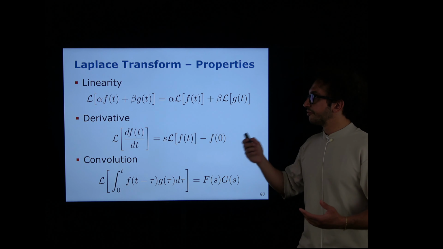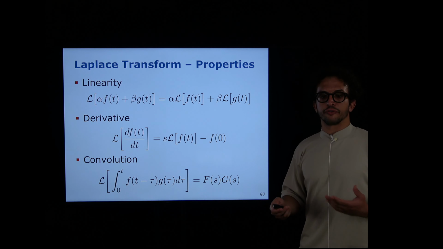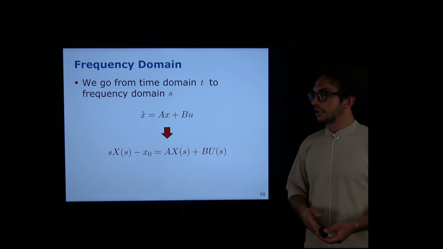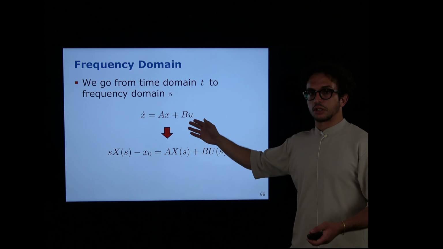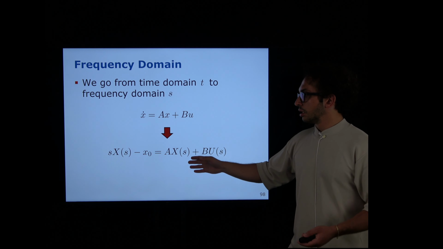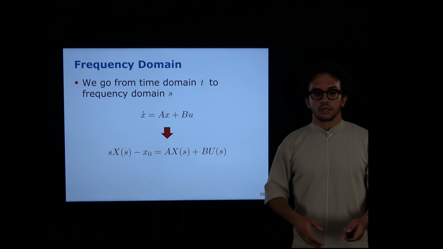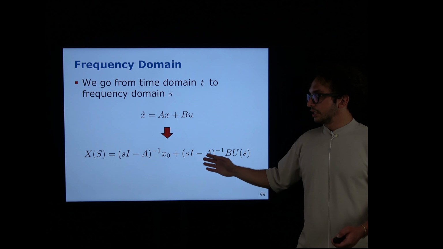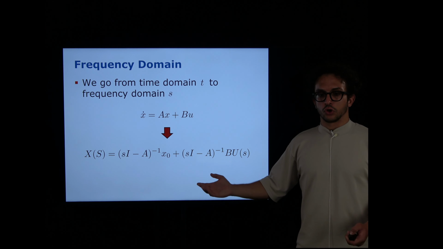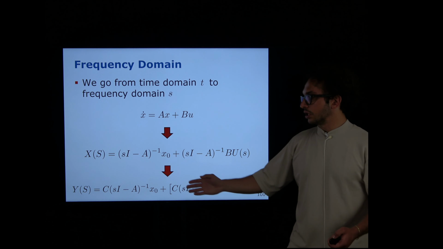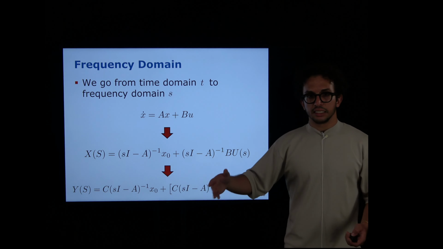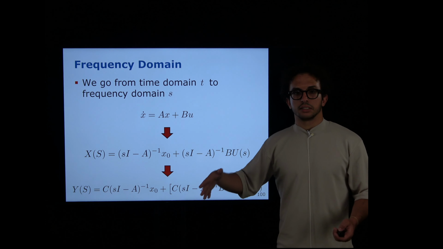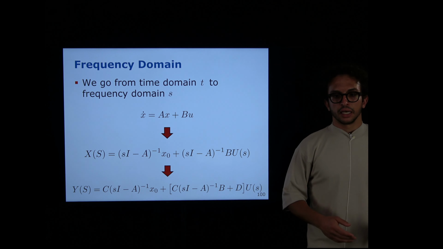So in this Laplace domain, also called frequency domain, what we obtain is that the state space representation becomes something like this, and then we solve for x, and we obtain something like this. Now from the state, we can, as we know, obtain the output, because we know that the output is just C times the state plus D times the input.